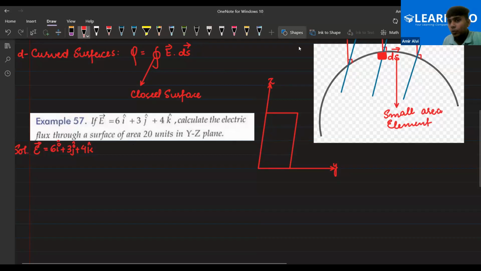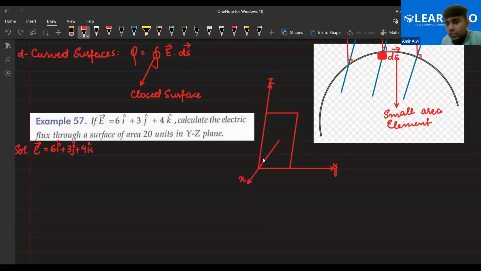It would be i cap, coming outwards like this, because we have three axes. If y and z are these, the third would be coming outwards. So that is i cap, yes or no? Yes, sir, X.